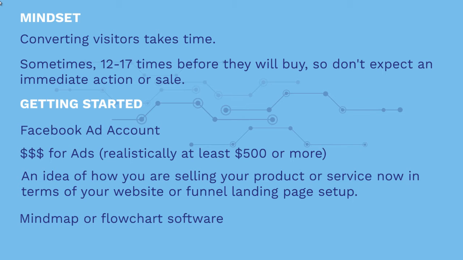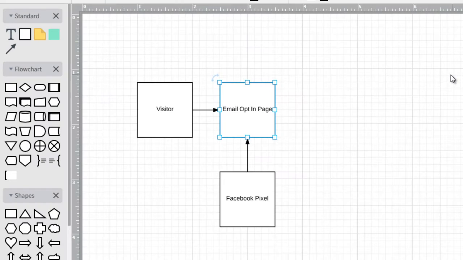And of course, you'll need some sort of mind map or flowchart software. The reason for that is it will help you map out your own plan of attack so that you will be able to successfully implement everything that we're teaching you. You may have a general idea of how Facebook retargeting works, but my goal here is to give you a visual mind map of how all the pieces connect together.